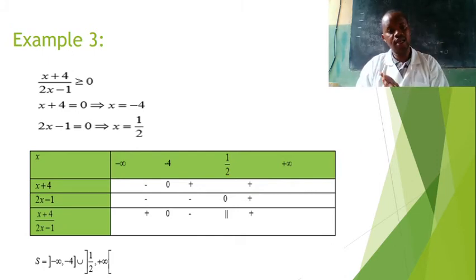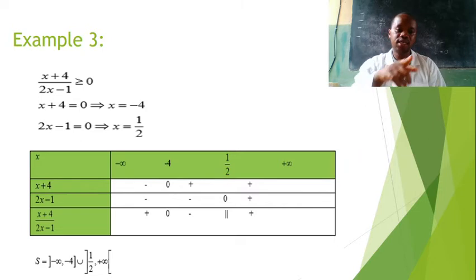We take the numerator x plus 4 equal to 0, which means that x will be equal to negative 4. For 2x minus 1 equals to 0, we will see that x there will be equal to 1 over 2.